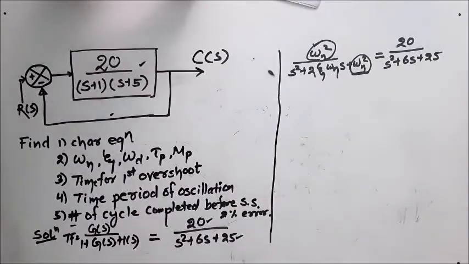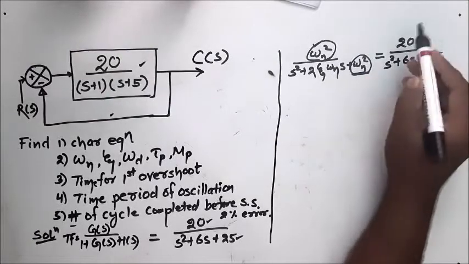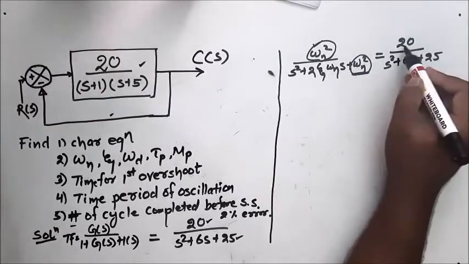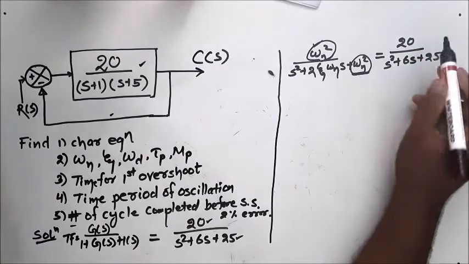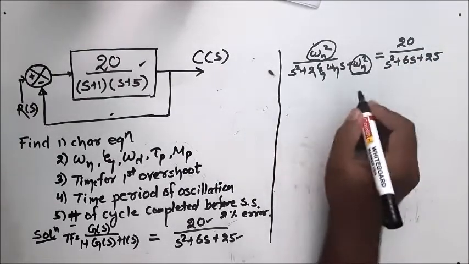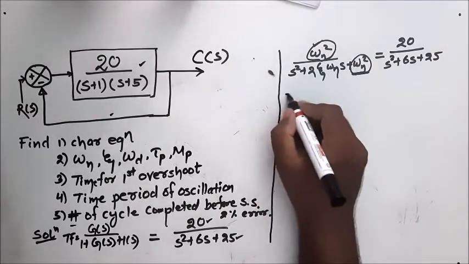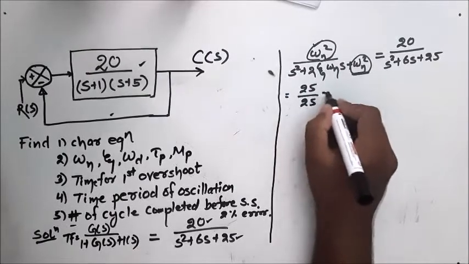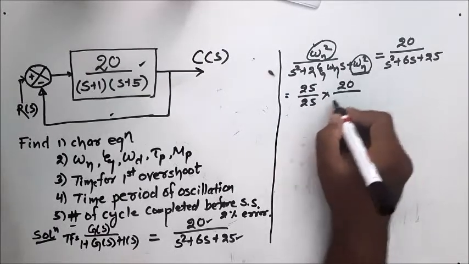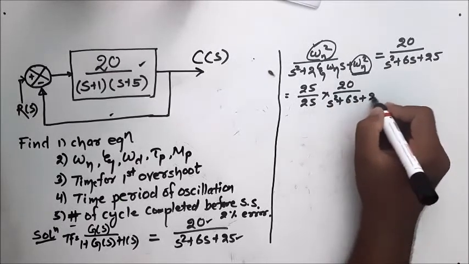Whenever you find an equation in this form, do not bother about the numerator. Make the numerator the same as the constant. How to convert it? You just multiply and divide by 25. So 25 divided by 25 into 20 divided by s square plus 6s plus 25.